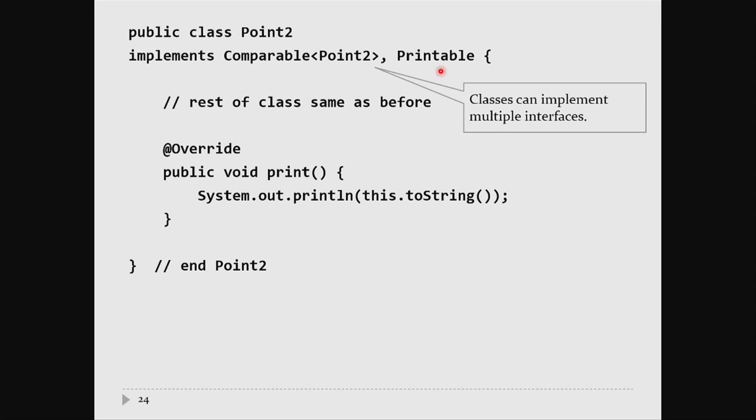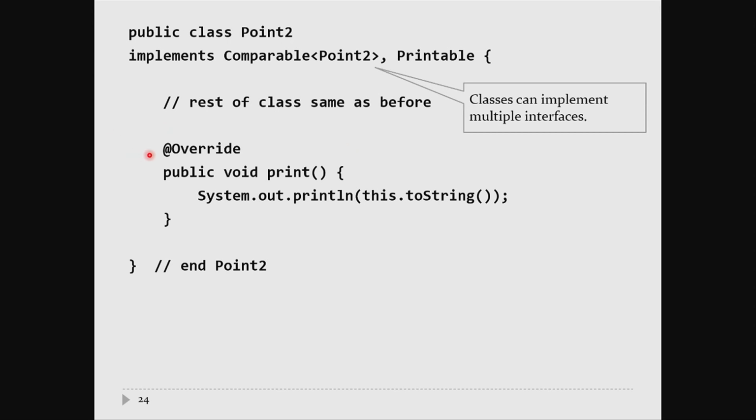A class is allowed to implement multiple interfaces. There's no limit to the number of interfaces that a class can implement. Next week, you'll see why this is important, but for now, it's just something that you should remember: a class can implement multiple interfaces. There's no changes inside the Point2 class other than I have to implement print.